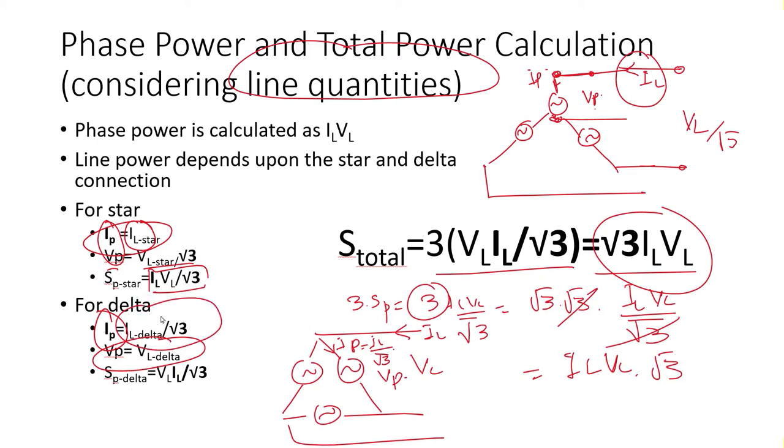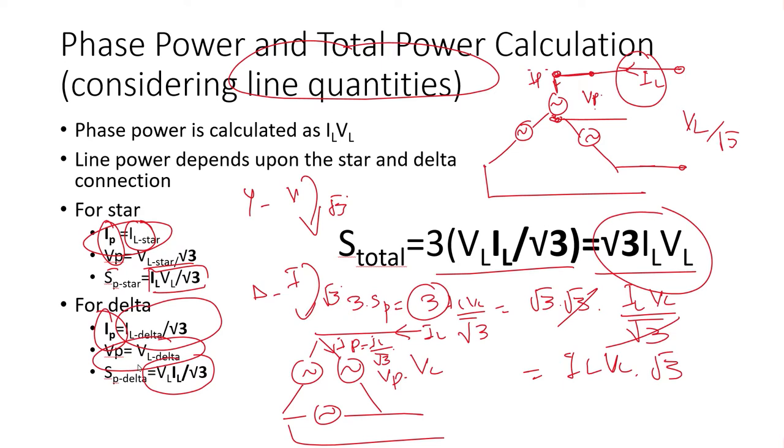Hence, if we multiply these two, the total phase power would be VL IL divided by under root 3. Remember that in Y, the voltage divides by under root 3. In delta, the current divides by under root 3. But the product of both remains the same.